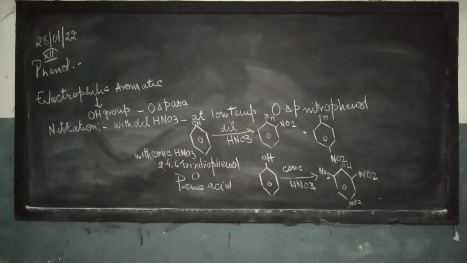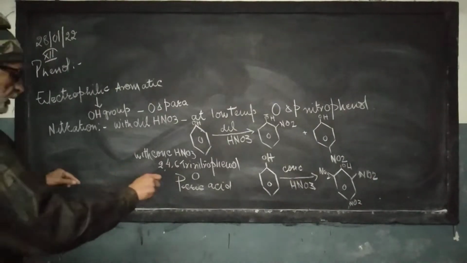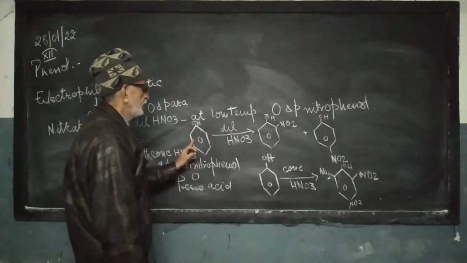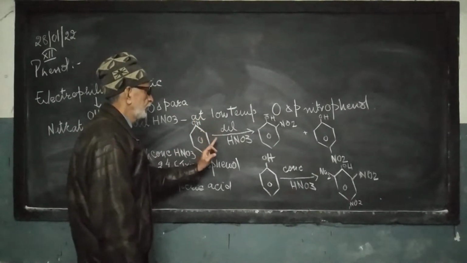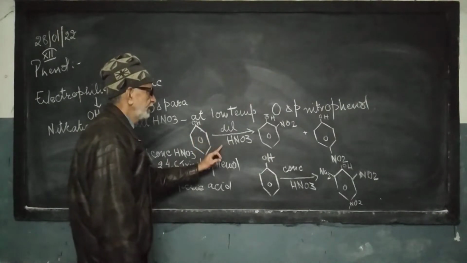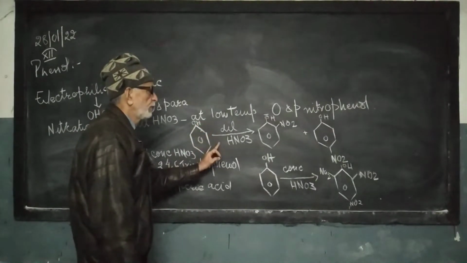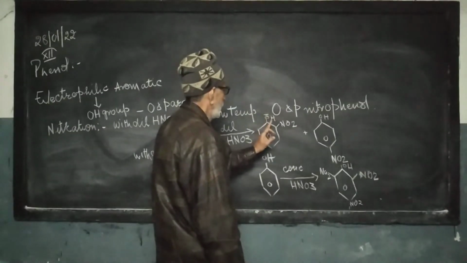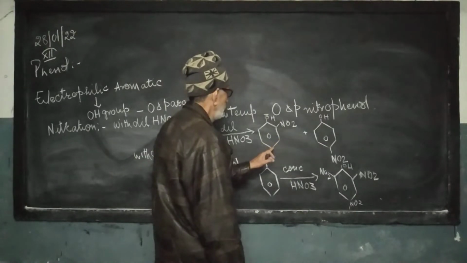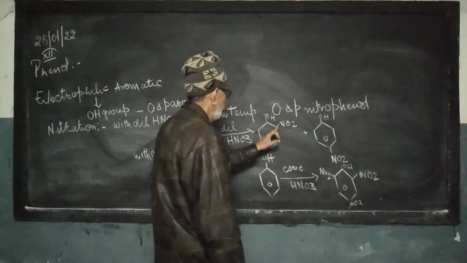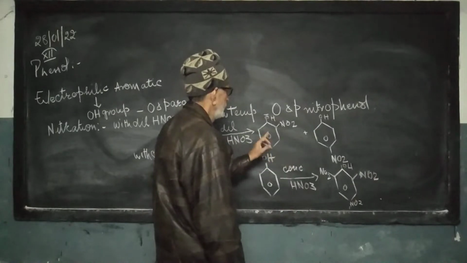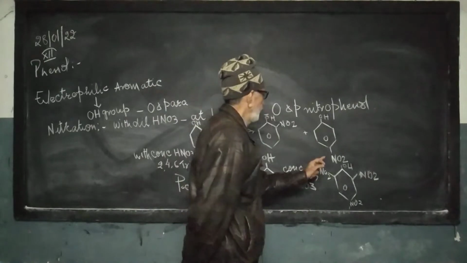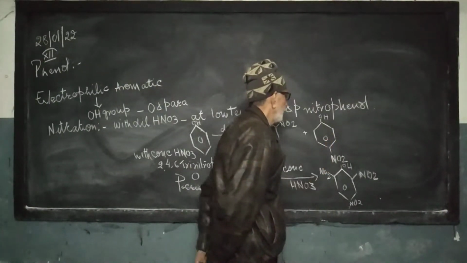Please check one thing. What does it mean, ortho and para? This is your phenol. We are treating it with dilute nitric acid at low temperature. This is your ortho nitrophenol, and this one is your para nitrophenol.